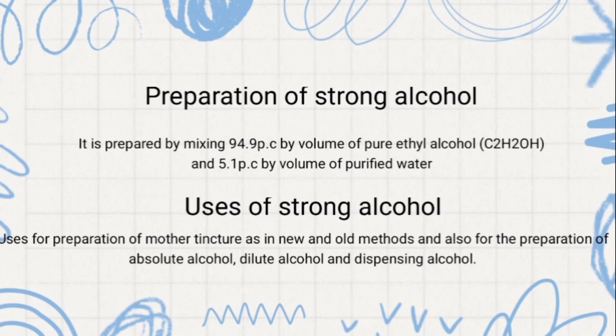Preparation of strong alcohol is by mixing 94.9% ethyl alcohol and 5.1% by volume of purified water. It is used for preparation of mother tinctures as in new and old methods, and also for preparation of absolute alcohol, dilute alcohol and dispensing alcohol.